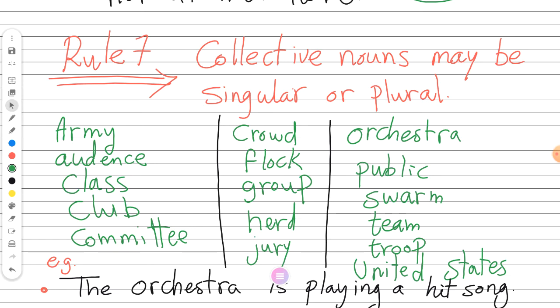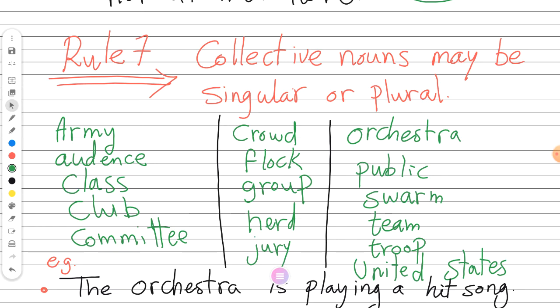Class: when I mean class 9A or class 9B, I'm not talking about one person. I'm not talking about Muhammad Sabri, for example, or Hassan. No, I'm speaking about the whole class, which includes 25 persons. The same thing with club, committee, crowd, and flock.